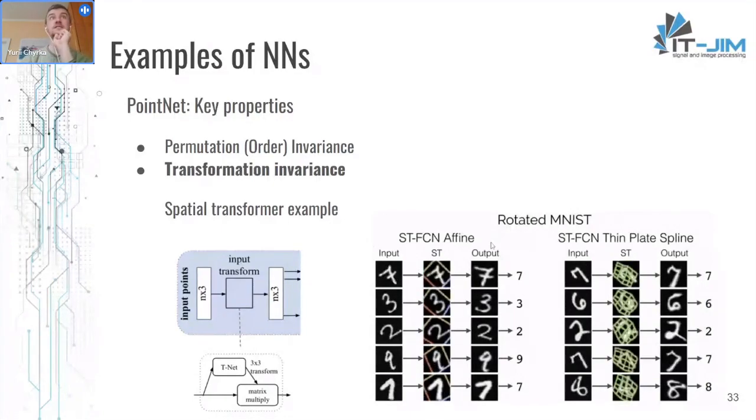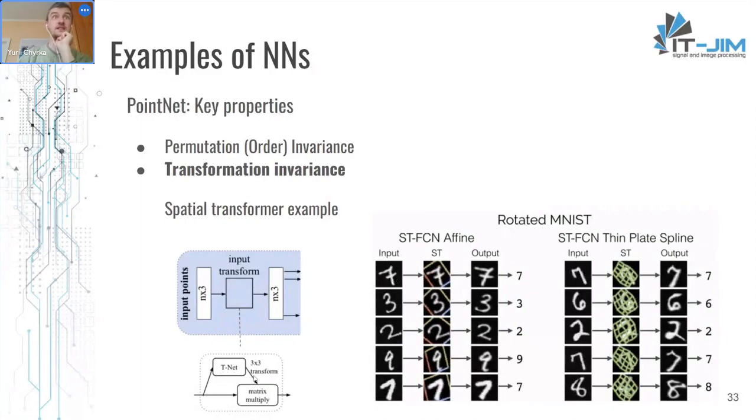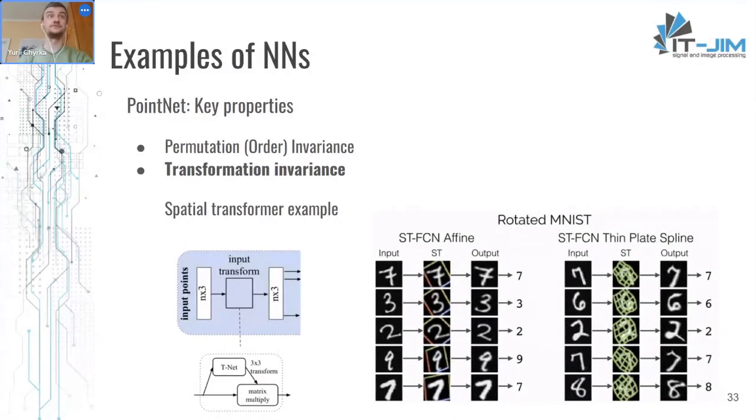So how is it done within PointNet? This transform is applied as a special sub-module, called T-Net in this architecture. It calculates a 3x3 transformation matrix, basically a rotation matrix, so it allows us to rotate our three-dimensional data in a proper way.